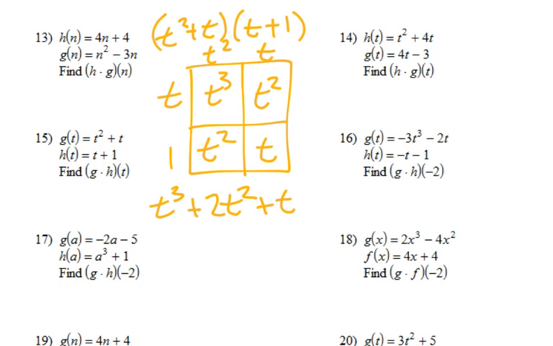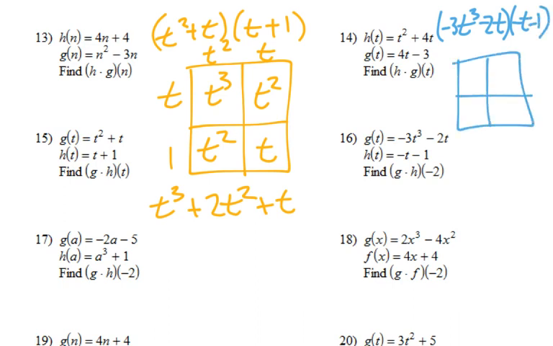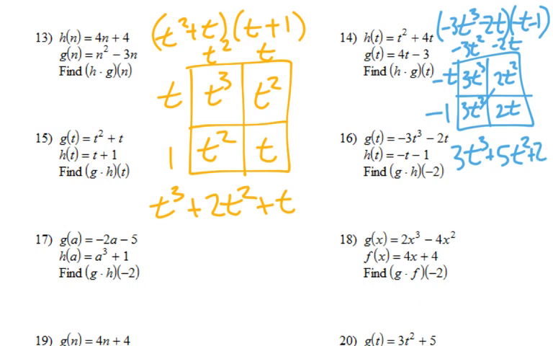Now, 16, 17, and 18, once again, we can start off by taking these and multiplying them together using our area model: 3t squared and negative 2t, negative t, and negative 1. So positive 3t cubed, positive 2t squared, positive 3t squared, and positive 2t. Combine like terms: 3t cubed plus 5t squared plus 2t.